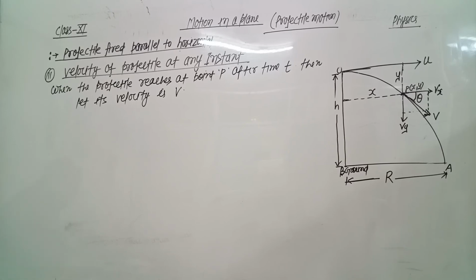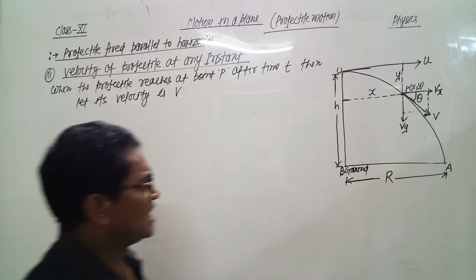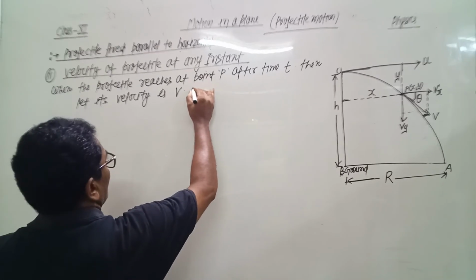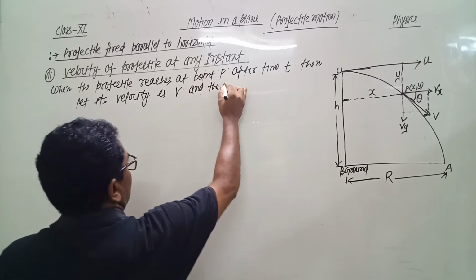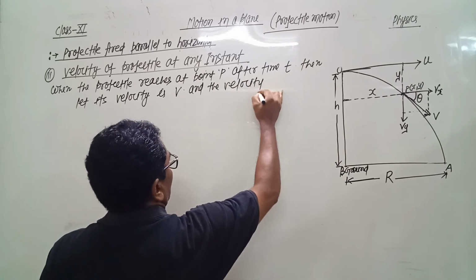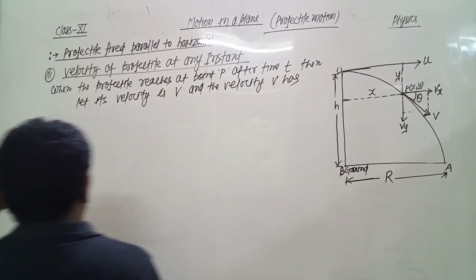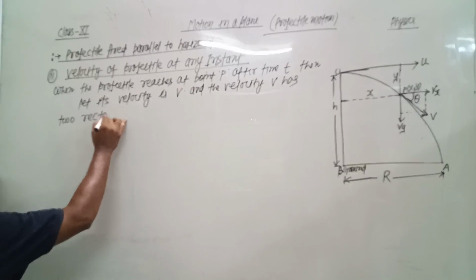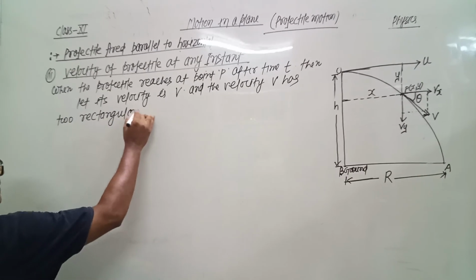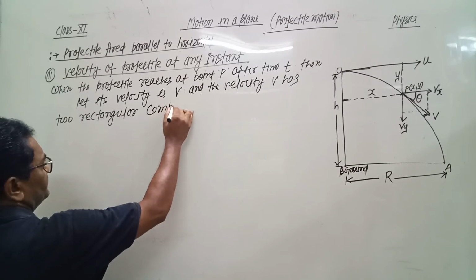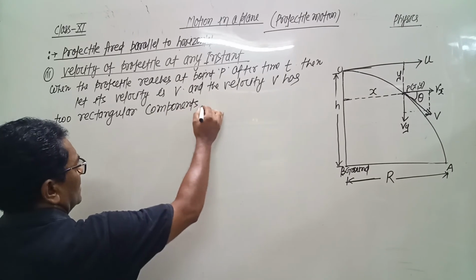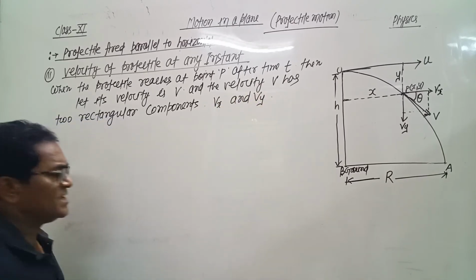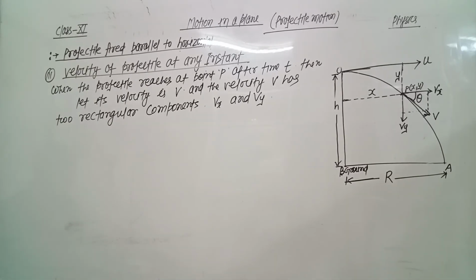The velocity V has two rectangular components, Vx the horizontal component and Vy the vertical component. So we find both the velocities.